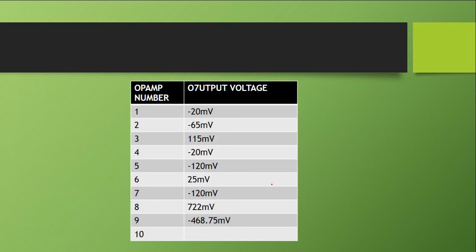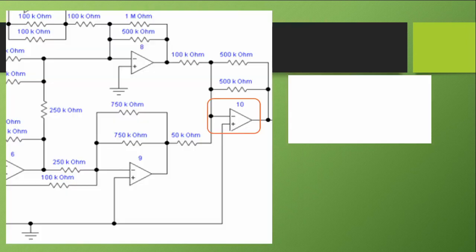Okay, 1 to go for op amp 10. The positive is connected to ground, so this is inverting. What are the inputs that we're going to consider?